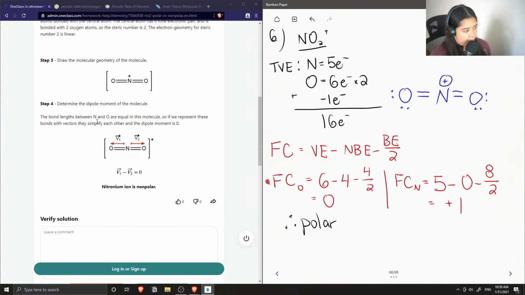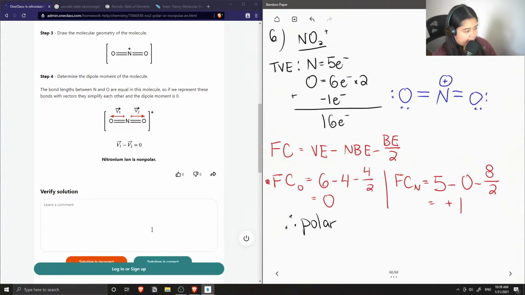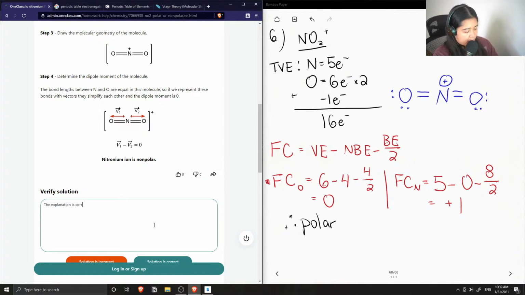And then noted that the bonds cancel each other out. So they wrote that the nitronium ion is nonpolar because of this. I'm just going to say that the explanation is correct. However, for charged molecules, they are considered polar.